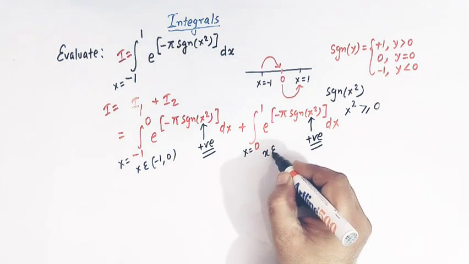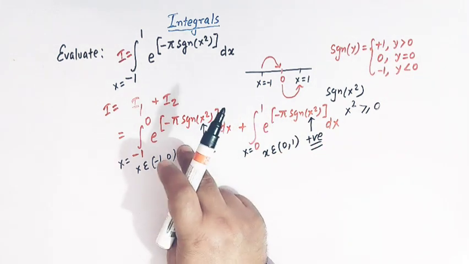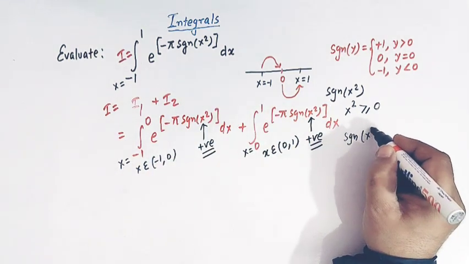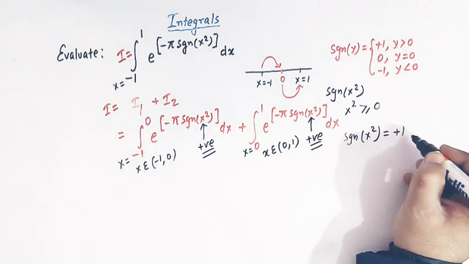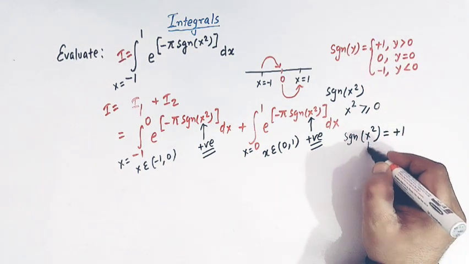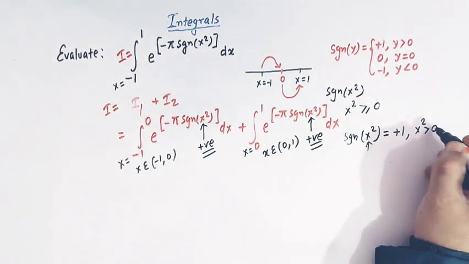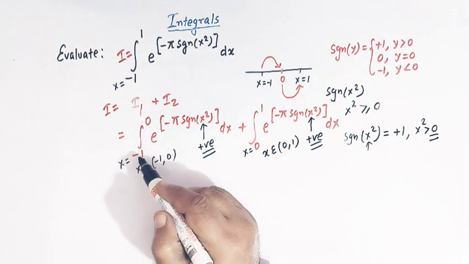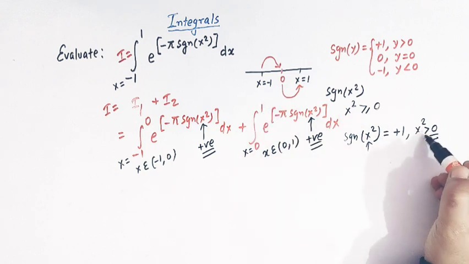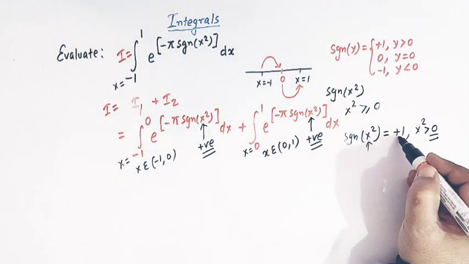So in both integrals signum of x square is equal to positive 1, because y, which is x square here, is greater than 0 for x lying between -1 to 0 or 0 to 1.